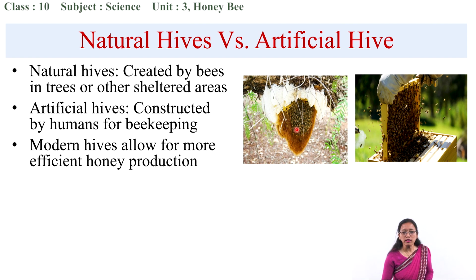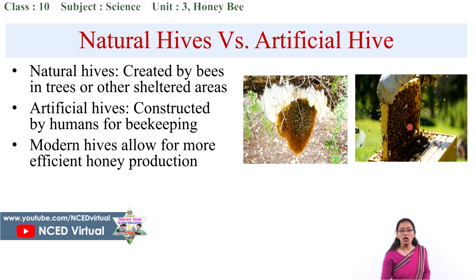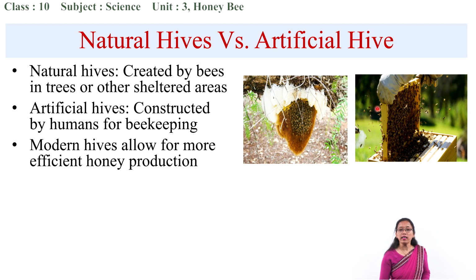Modern or artificial hives allow for more efficient honey production. See, it is very difficult to collect honey from the branches of trees. But if humans construct this kind of artificial hive, modern in design, it is very easy to collect honey from them.